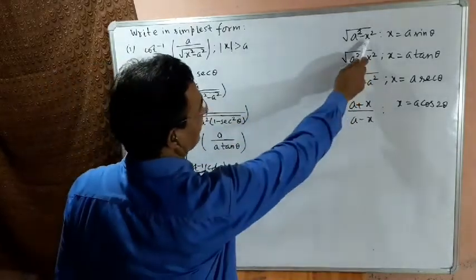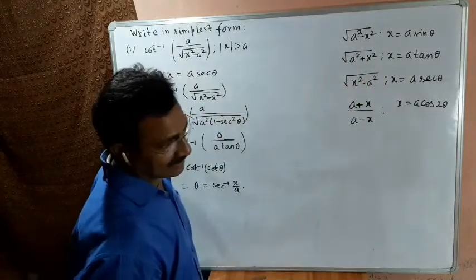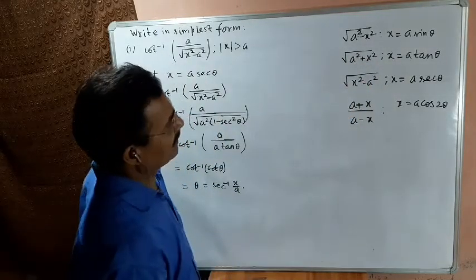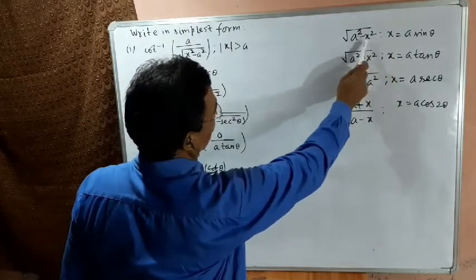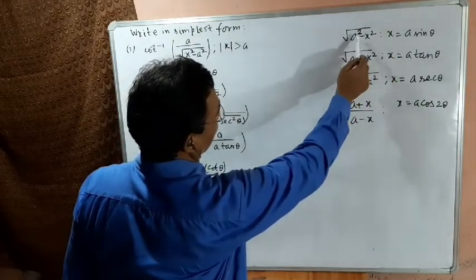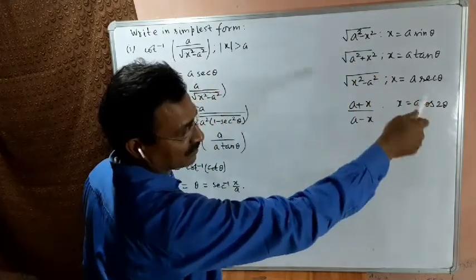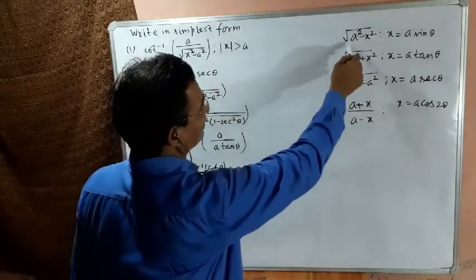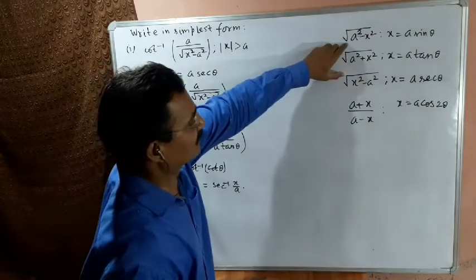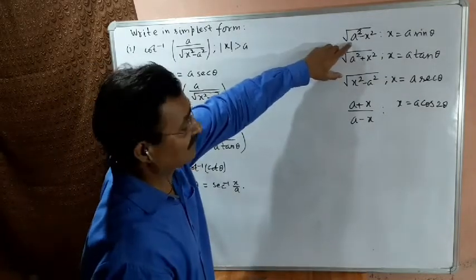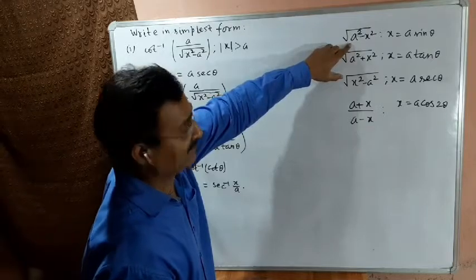For this, x can be taken as a sin theta or a cos theta, because if x is taken as a sin theta, this will be a square common in bracket 1 minus sin square theta, which will be cos square theta, and then the square root symbol will vanish, because under the root there will be a perfect square, a square cos square theta.